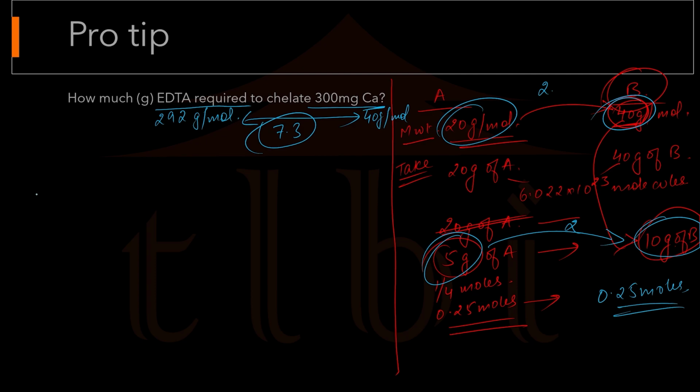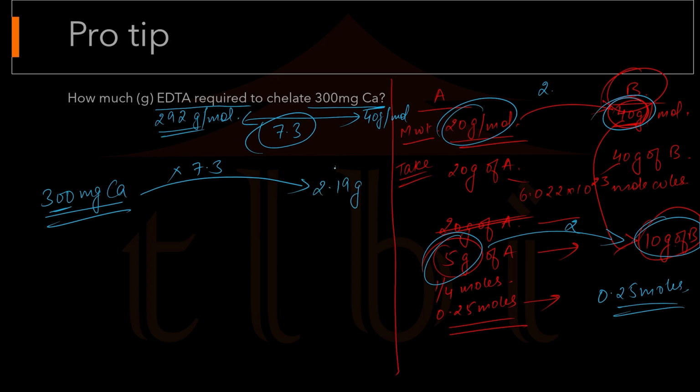So that means for 300 milligram of calcium, you need to maintain 7.3 factor of weight, because EDTA is heavier, to maintain equal number of atoms or molecules. So if you multiply 7.3 into 300 milligram, that will become 2.19 grams.